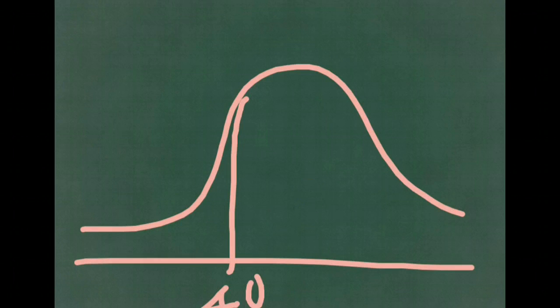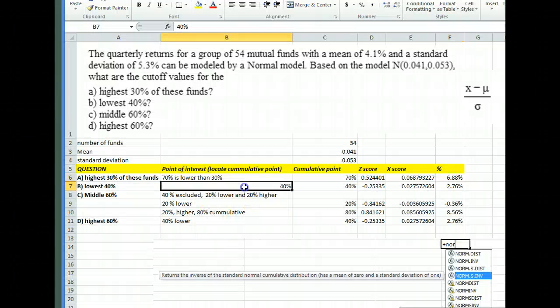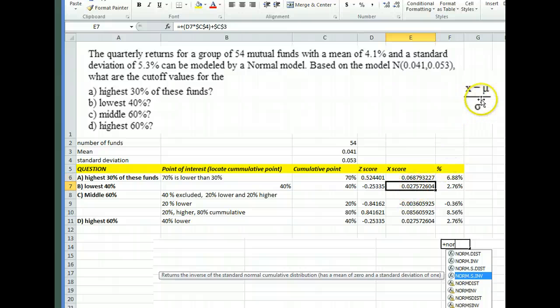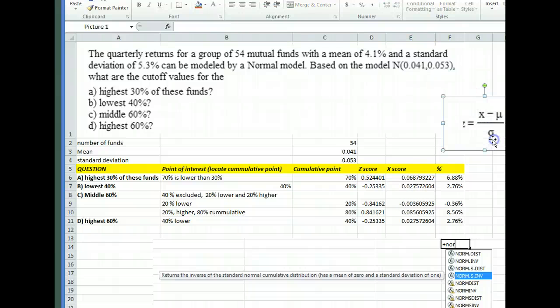So this is a straightforward point of interest: 40%. The point that you put in this norm inverse function is 40%. It returns this z-score, and then I copied the formula from here down to here in order to calculate the x value, coming again from this equation here, transposing for x.